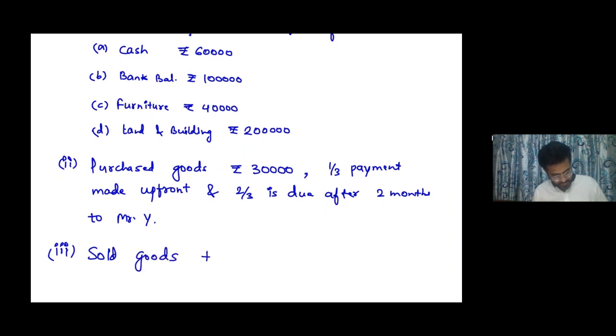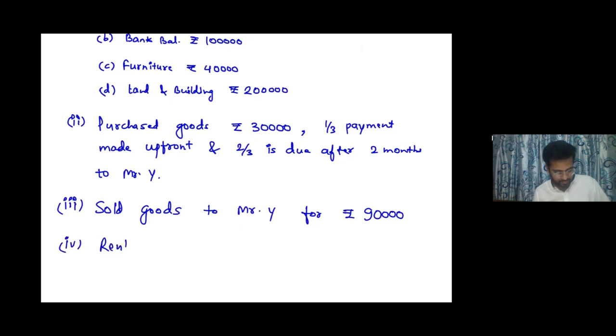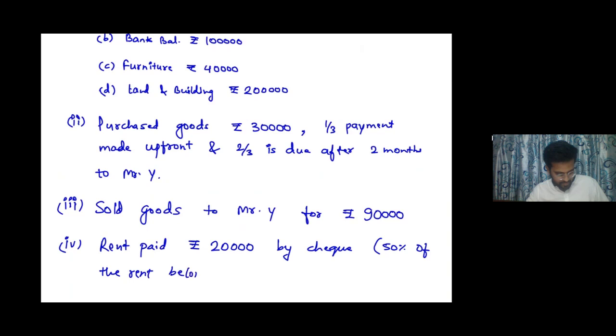Sold goods to Mr. Y for rupees 90,000. Rent paid rupees 20,000 by check. 50% of the rent belongs to next year.